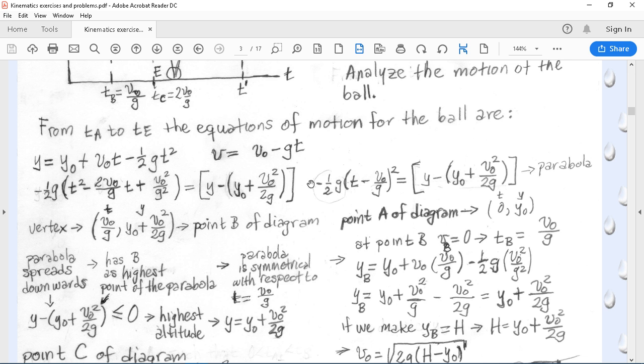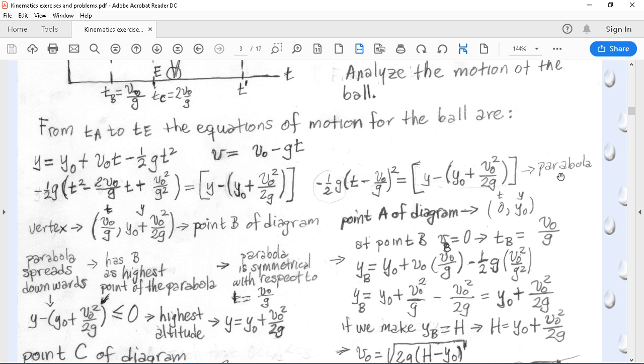So simplifying here a bit, knowing that this expression here corresponds to the square, we'll leave this as it is.